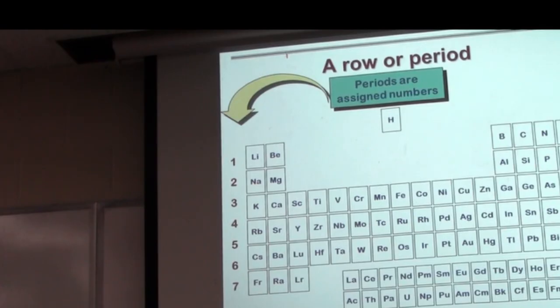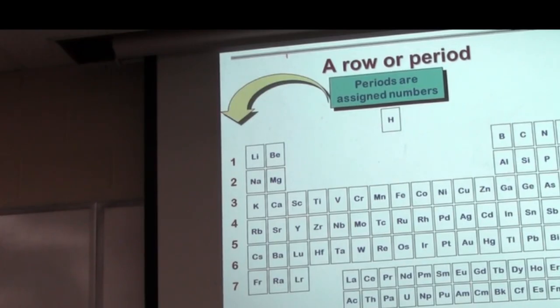Now periods are assigned numbers. Now if someone asks you, what is the element in the fourth period and group 3A? 3A is here, fourth period is there, indium.